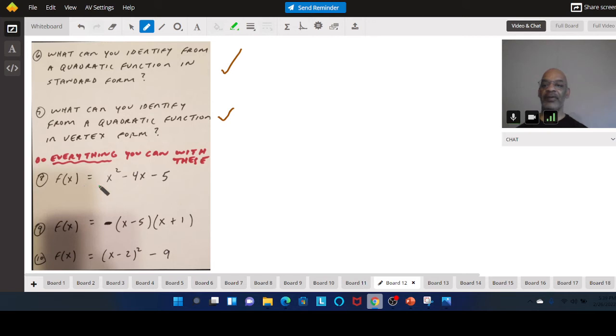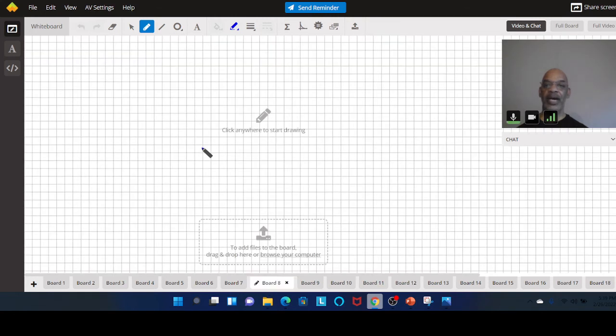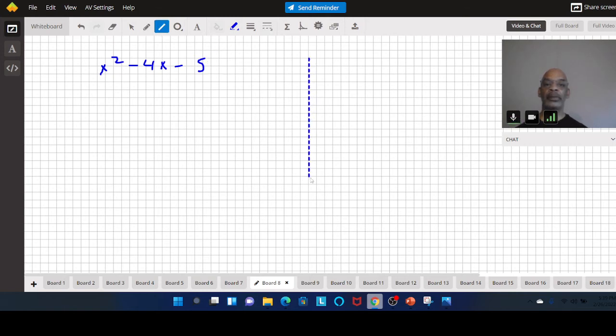I have a quadratic function here in standard form: x squared minus 4x minus 5. Let's set up a graph. And we need a solid line.